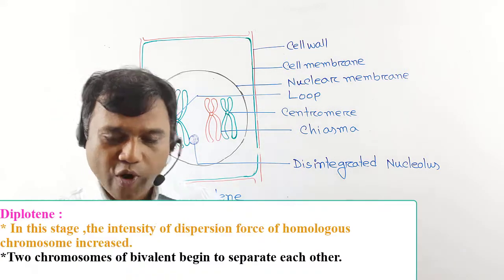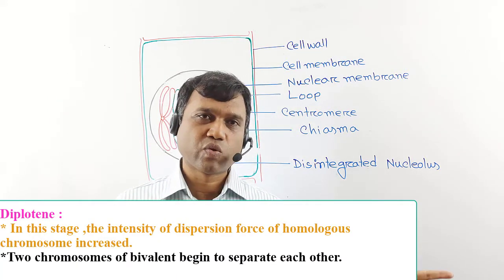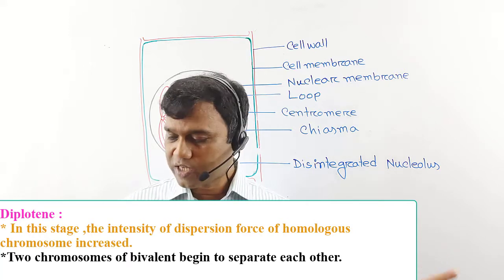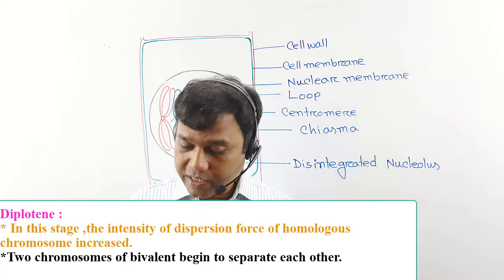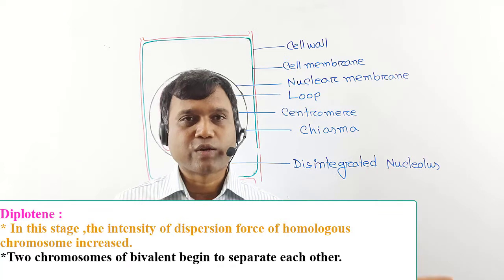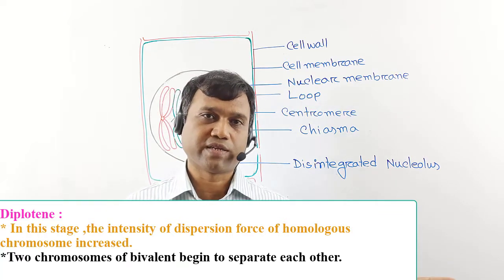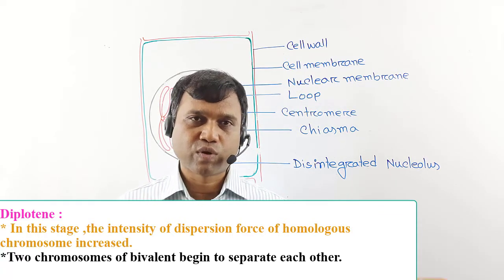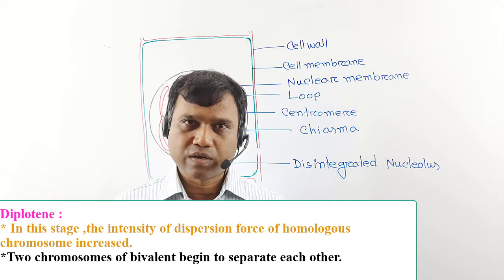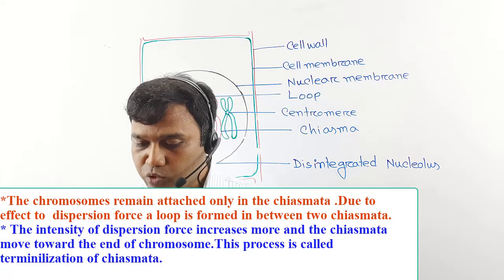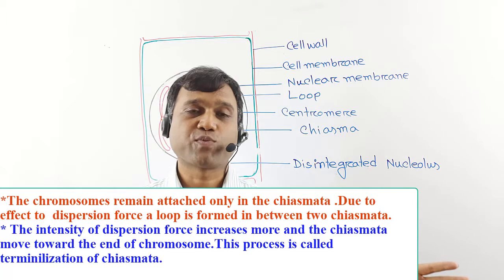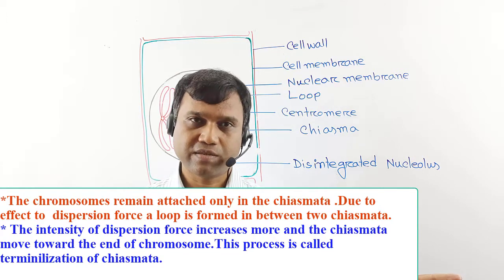So, from this substage, we can find out the first point: repulsion is created between the two centromeres of a bivalent. As a result, the chiasma place moves towards the pole. This process is known as terminalization.